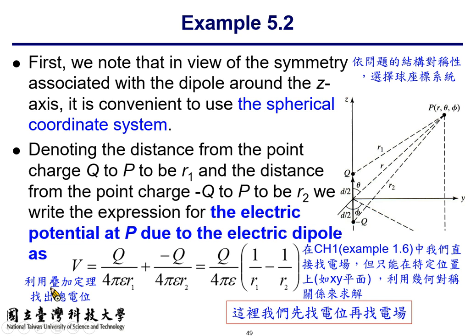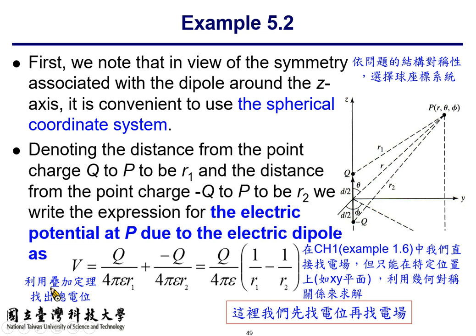And according to the potential expression of a point charge, that is Q over 4 pi epsilon r, the voltage at P can be expressed as Q over 4 pi epsilon r sub 1, plus, well, you end up with minus, because you have a negative charge here, minus Q over 4 pi epsilon r sub 2.